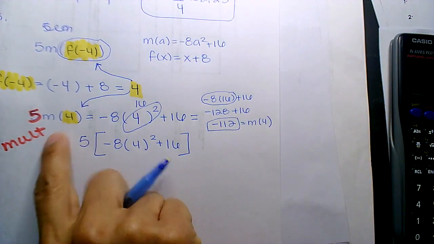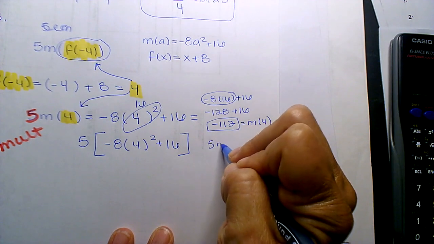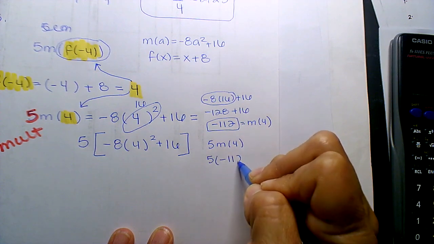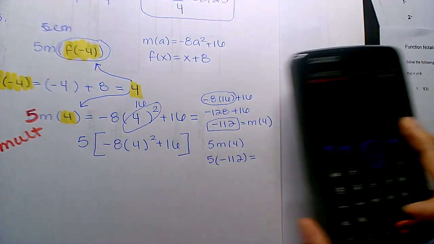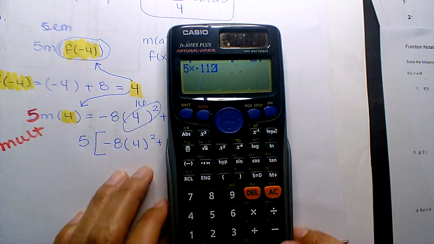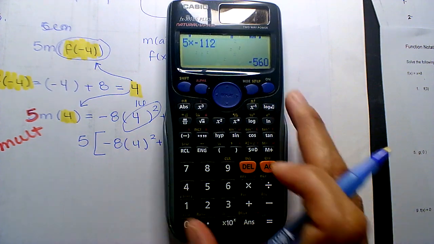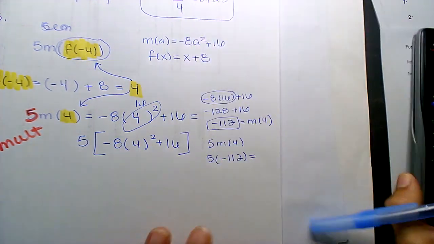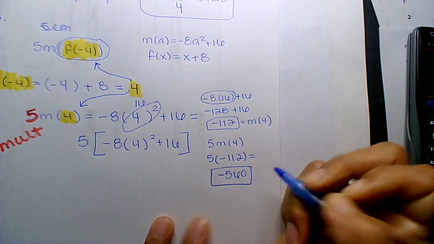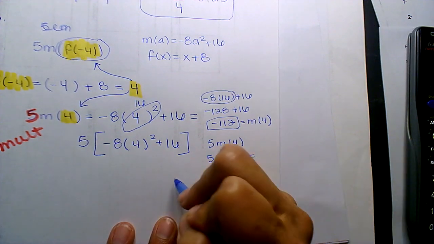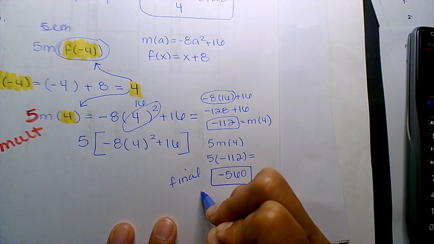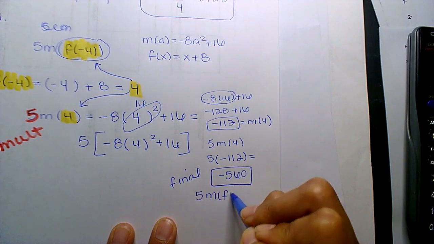But now I want 5 times m of 4. So what is 5 times -112? And that gives me -560. And so we still got the right answer. So this is your final. This is your 5 m f of -4.